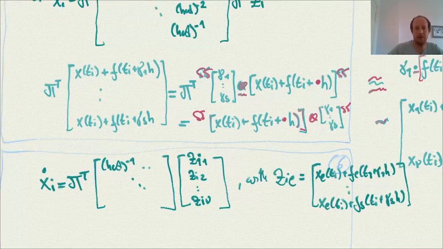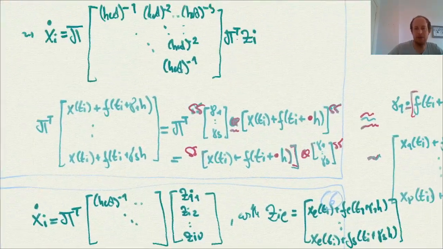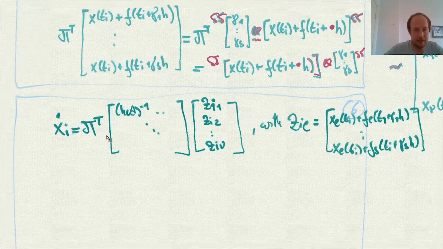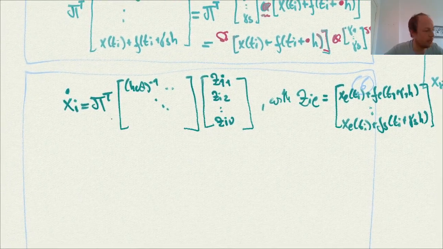So this is what this shuffling permutation does to this vector. Still we are not right there, but almost.